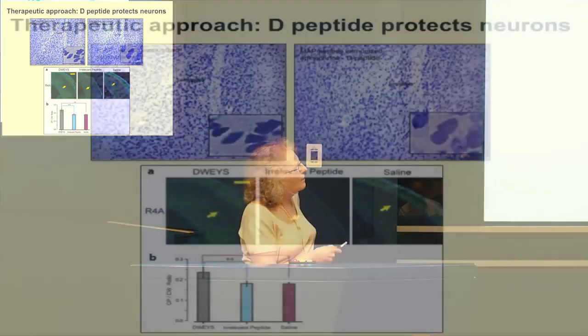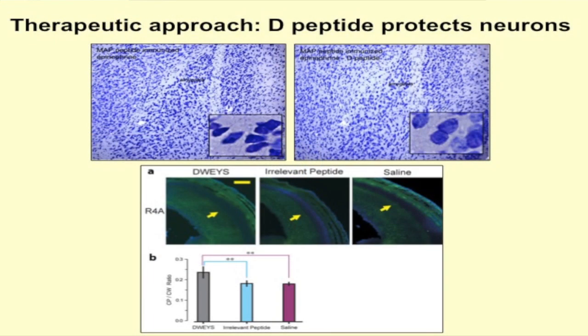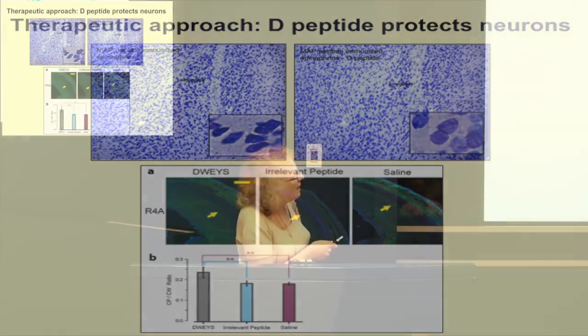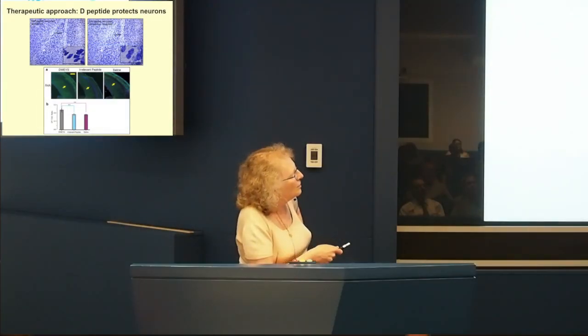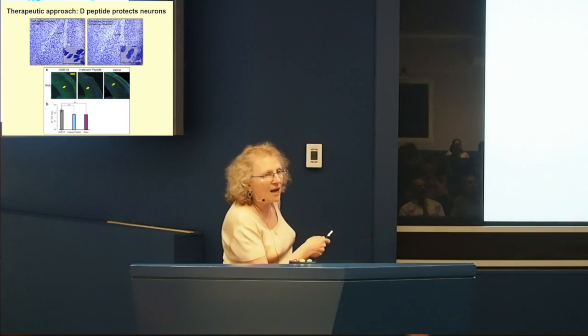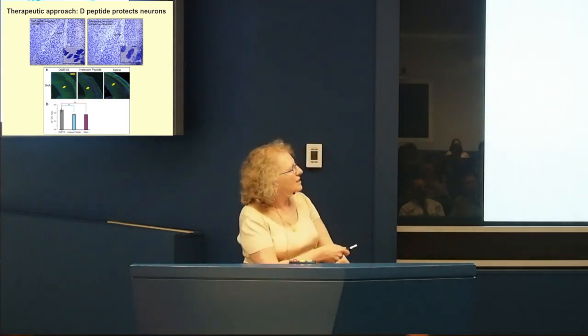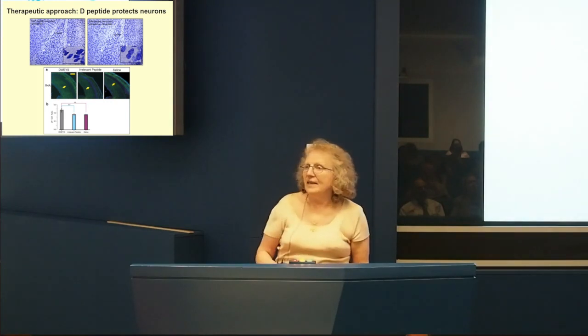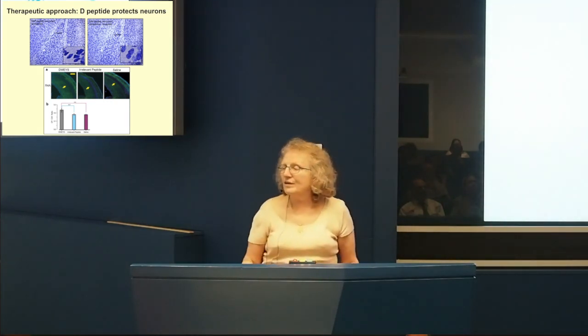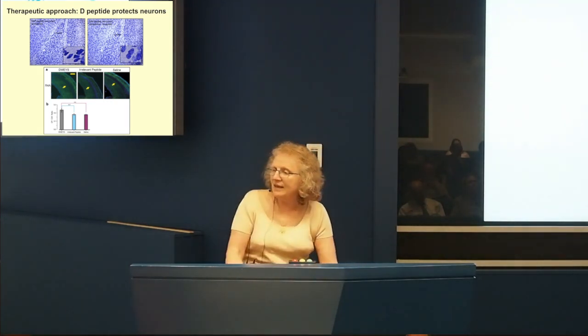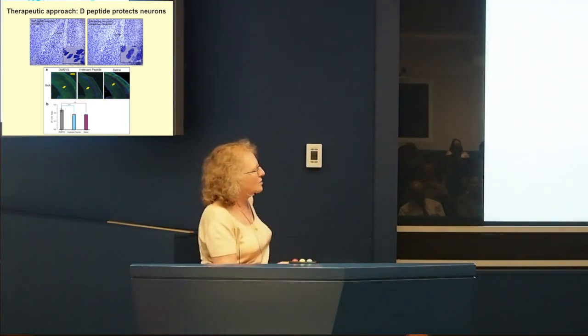So in adult mice, and here's the amygdala in the triangle, if we have mice that are immunized to make high titers of this lupus antibody and give epinephrine, you can see dead neurons. But if we give soluble peptide to the mice at the same time, you can see that the antibodies are no longer able to bind their target antigen on the neurons, and they're spared.